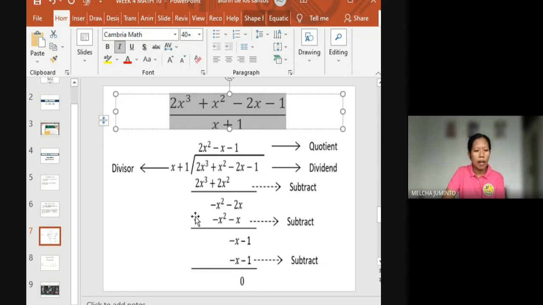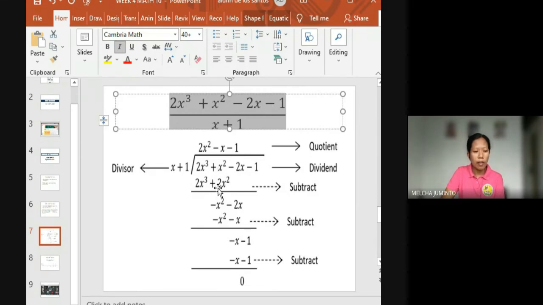And then subtraction, just like how you divide numbers. Subtract 2x cubed minus 2x cubed, 0. So they cancel out here. Now, for the second terms, x squared minus 2x squared, subtraction. Of course, we change the sign of the subtrahend. It will become negative x squared because we subtract 1 and 2.